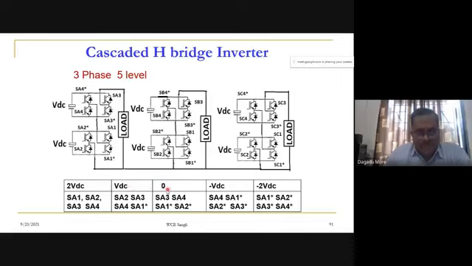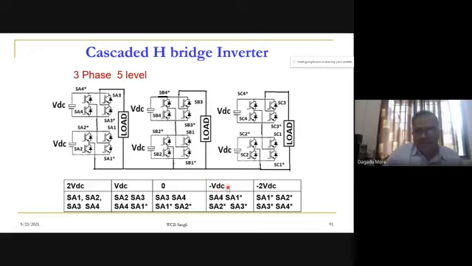Now here we discuss how to get zero voltage across the load. In that case, the two voltages, VDC upper and lower, will be added in series but in opposition. Their polarity will be opposing, and this series opposing polarity will appear across the load, the resultant will be 0, and the voltage across it will be 0.